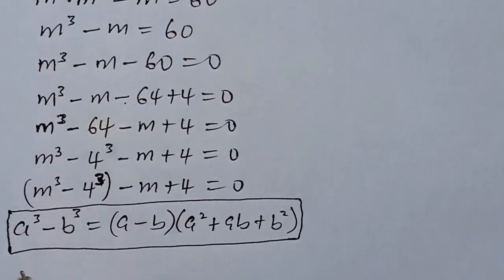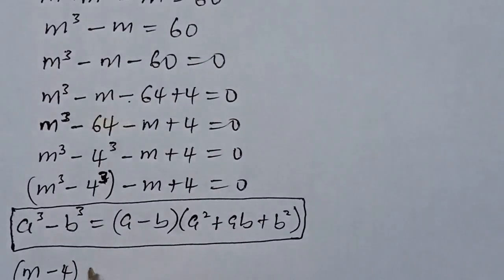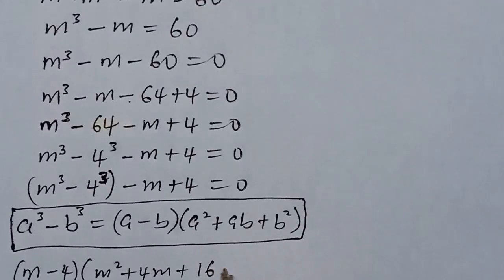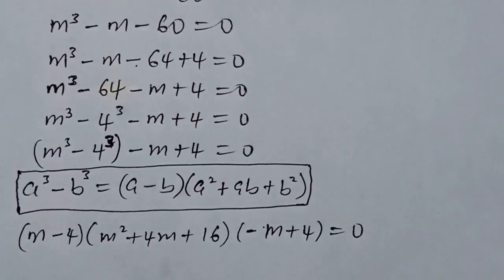That gives us M minus 4 into bracket, open another bracket, M squared plus 4M plus 16, close the bracket. So we have minus M plus 4 all equals to 0.